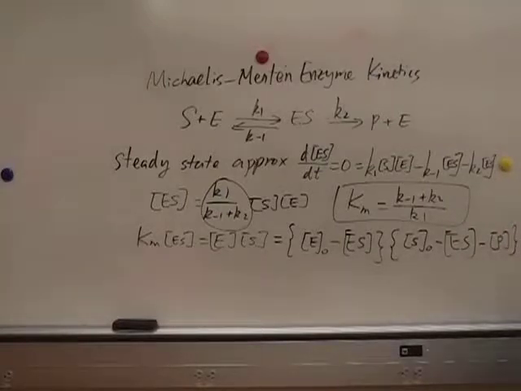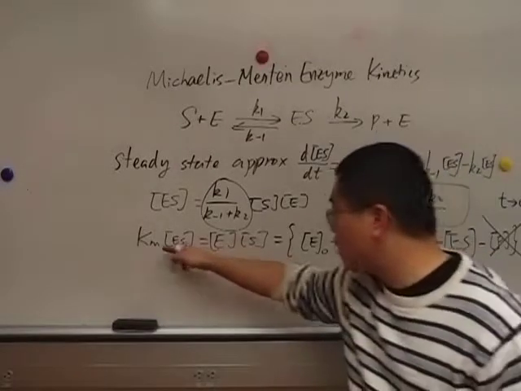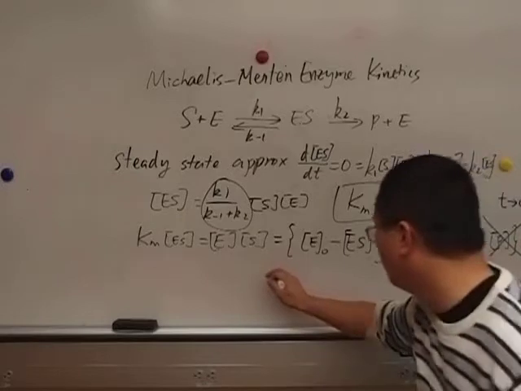However, at a very early stage, t is very close to 0, and then P is very close to 0. So at the very early stage of the reaction, the concentration of the product is 0, and we can just get rid of this term. Then we combine the ES terms.